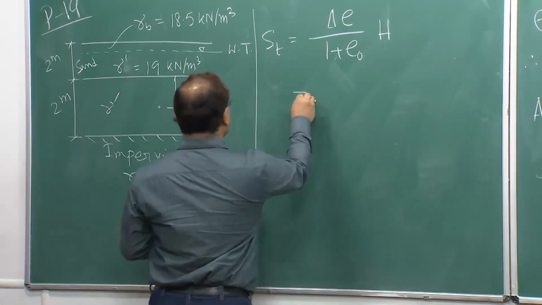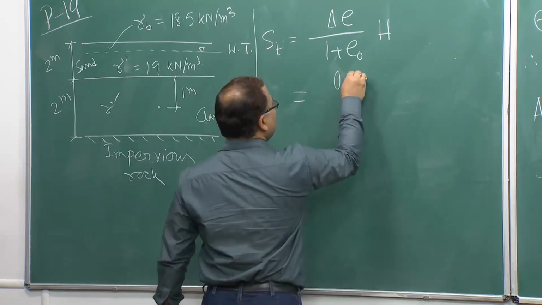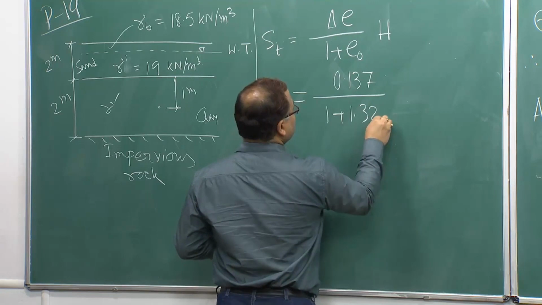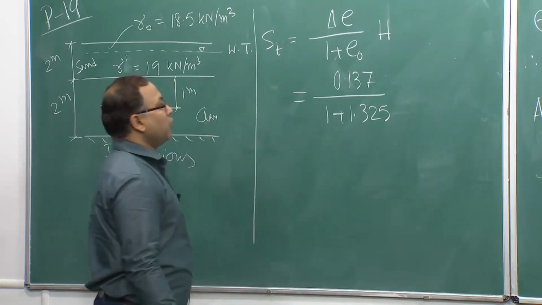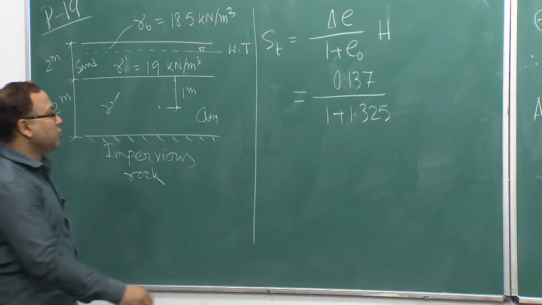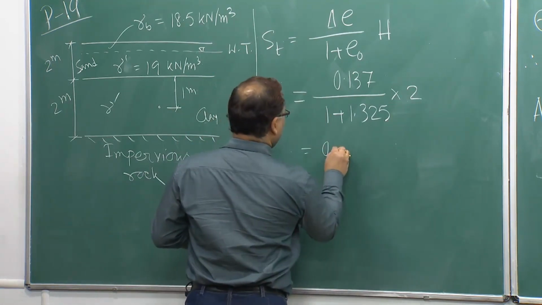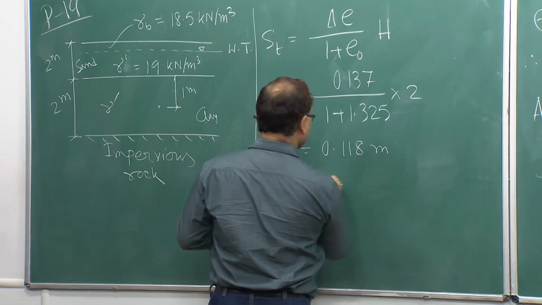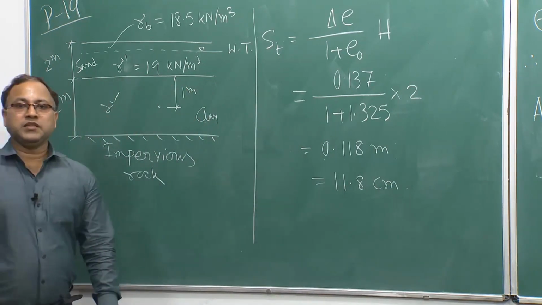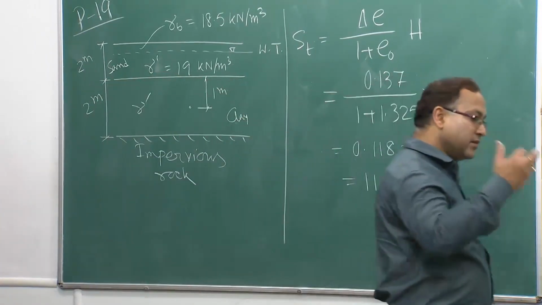Delta e we just calculated as 0.137, 1 plus e naught is 1 plus 0.325, and H, the thickness of the stratum, is 2 meter, right. So, multiplied by 2 gives me 0.118 meter, which is nothing but 11.8 centimeter. So, you will be getting 11.8 centimeter as your ultimate settlement.